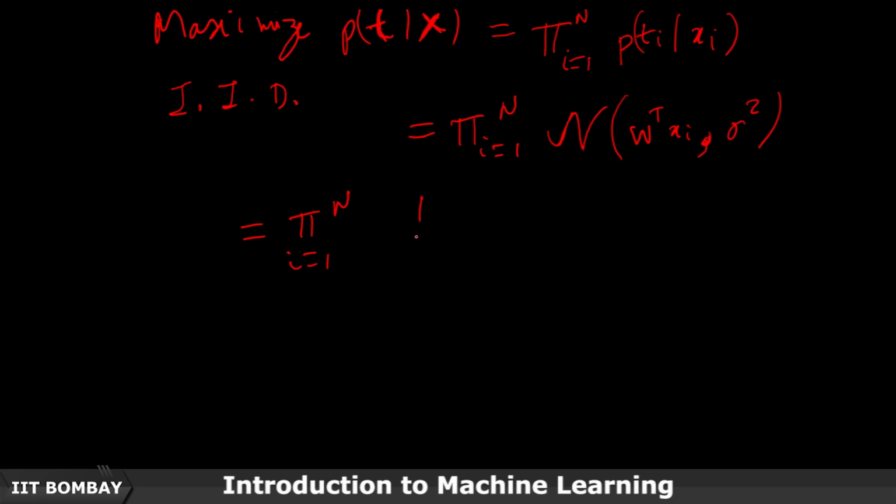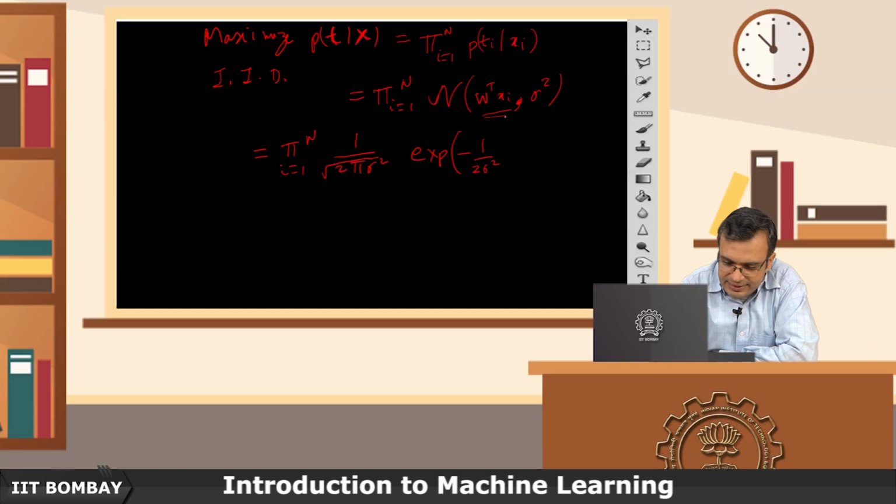It's going to be 1 over square root of 2 pi sigma square, and then exp of minus 1 over 2 sigma square, times ti minus the estimate of it, which is W transpose xi, whole square.